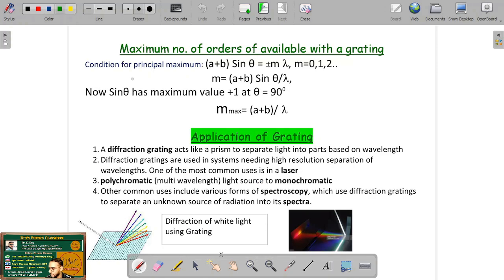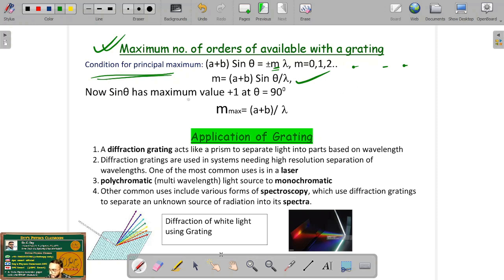Next, from the condition of maxima, you can also calculate the maximum number of orders available for a grating. We know the condition for principal maximum is a plus b sin theta equals plus minus m lambda, where m starts from 0, 1, 2, 3, etc. So the order number m becomes a plus b sin theta by lambda.